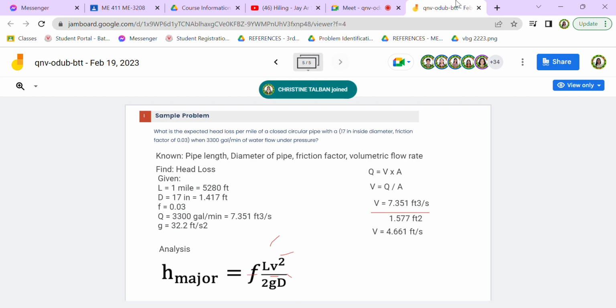Major head loss is equivalent to the friction factor of 0.03, a unit test number I mentioned, multiplied by the length of the pipe, 5,280 feet, multiplied by the velocity 4.661 feet per second squared, divided by 2 times the acceleration due to gravity in English unit, 32.2 feet per second squared, and also by the diameter of the pipe, 1.417 feet.